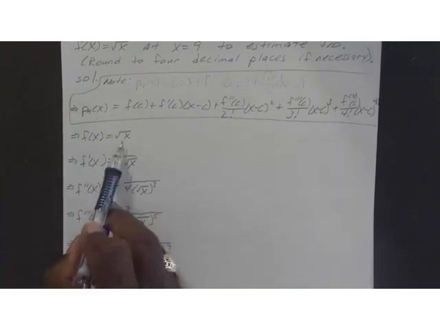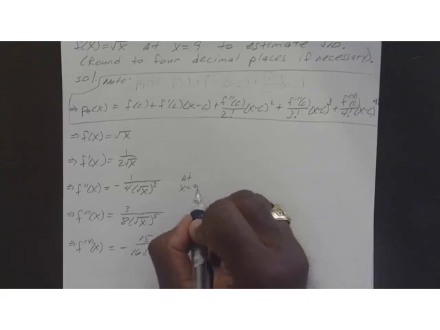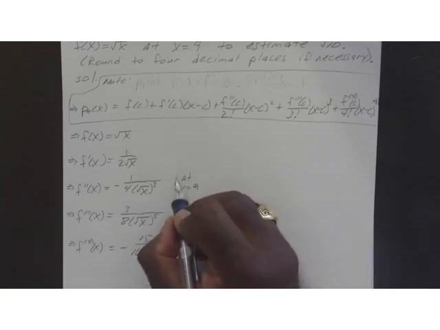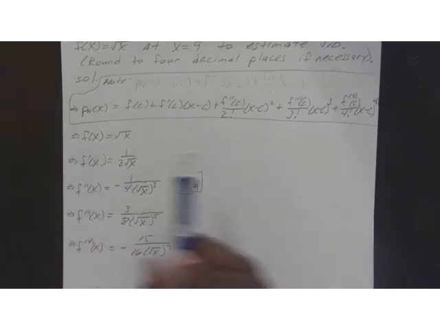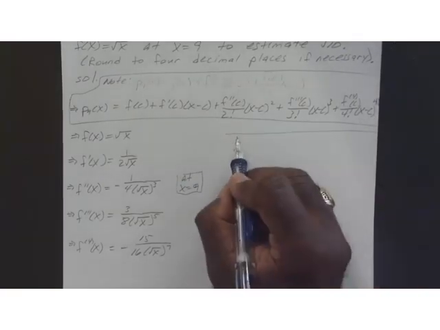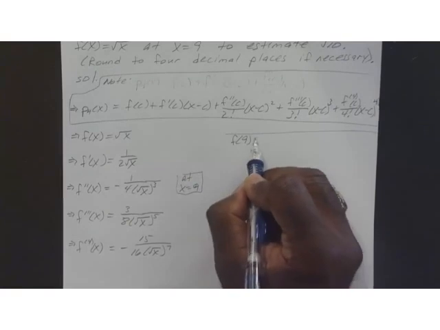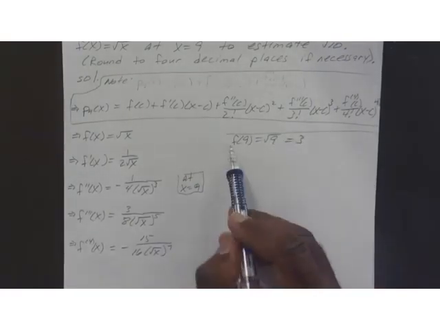Okay, now at x is equal to 9, we know that f of 9 is just the square root of 9. I'll rewrite that over here. f of 9 is equal to the square root of 9, which is 3.